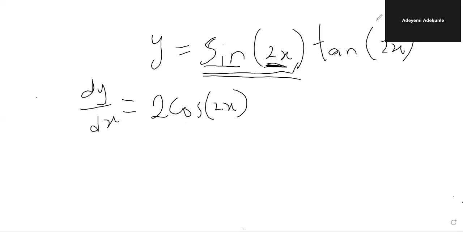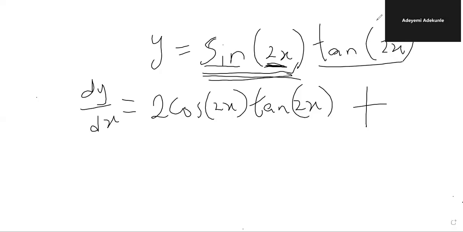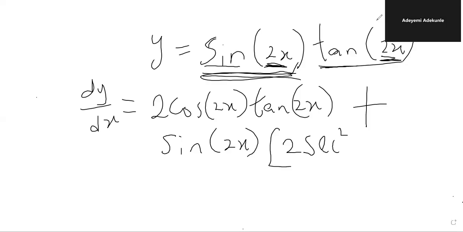Then rewrite the second one, that will be tan 2x. Then plus, keep the first one, that will be sine 2x, into differentiate the second one. You have to differentiate what you have inside there, which is 2. Now differentiate tan, that's sec squared. Don't forget your standard derivative.